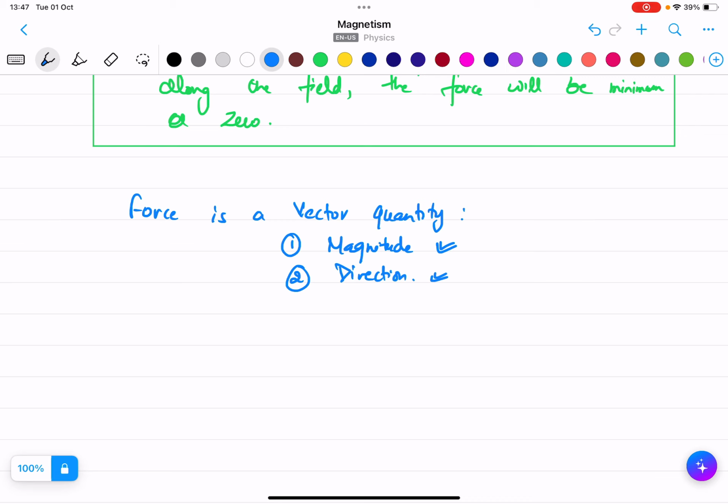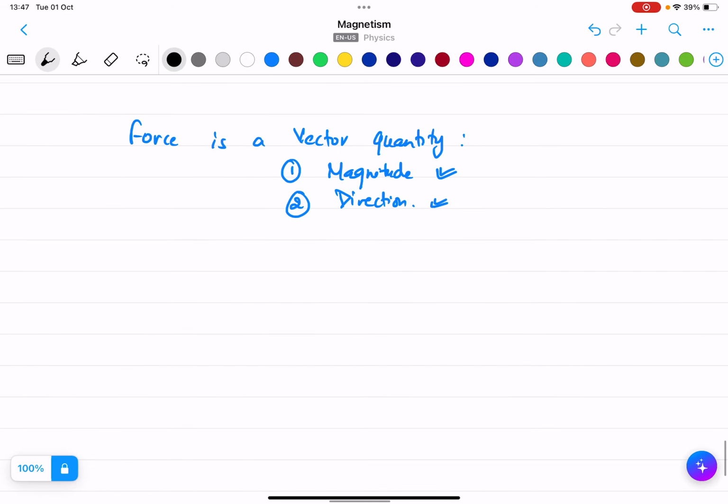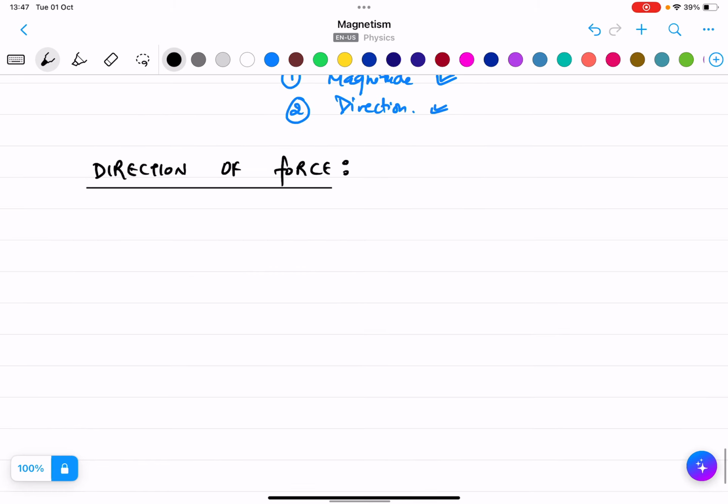How do we know whether the direction is upwards, downwards, inwards, or outwards? What will be the direction of the force? So now the next topic is direction of force. Magnitude we have discussed, now we will discuss the direction of force. For this, I am writing a statement.